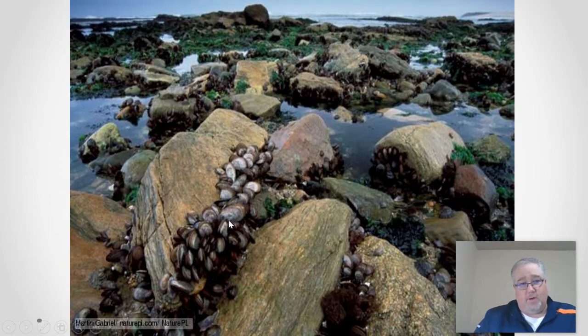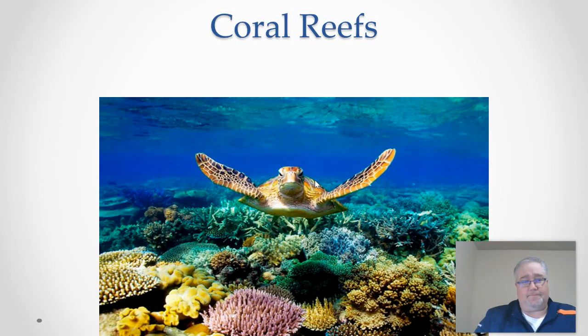Here's a lot of little oysters or mussels that are living on these rocks. What we're seeing in this picture is most likely low tide, and when the high tide comes in, this whole thing would be underwater. So again, there's constant exposure and then being covered in water. It's a volatile environment for these organisms.